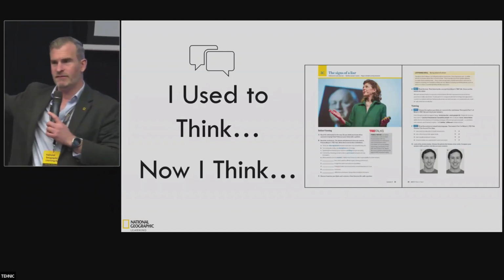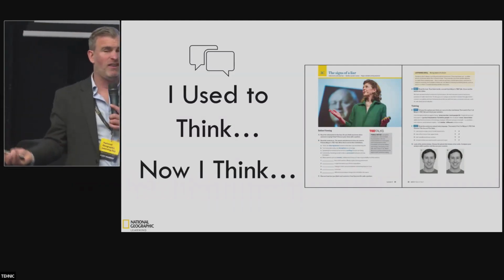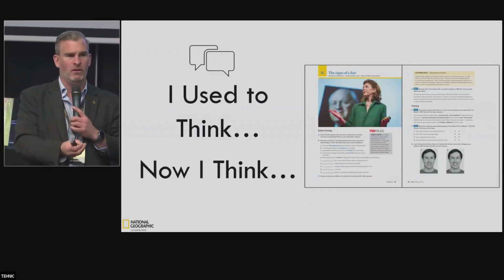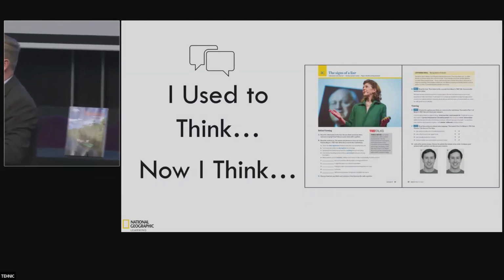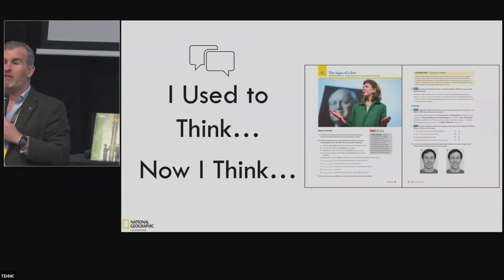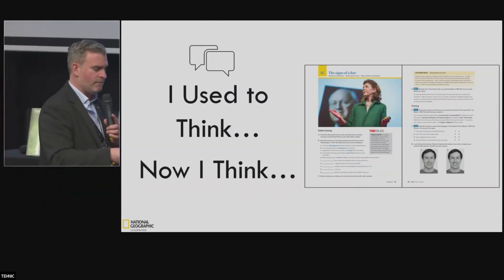I now think this because of what she said, what she showed, or vice versa. I used to think this. I think the same now. Well, why do you still think the same? Why have you not changed your view? What was it about her talk that did not convince you or that did not surprise you or make you think differently? So it's a reflection activity. And when you're reflecting, you're thinking critically.